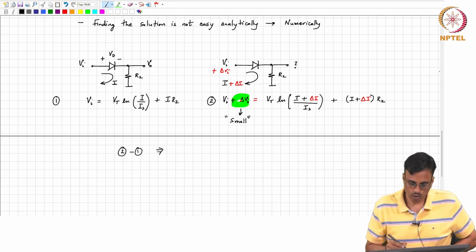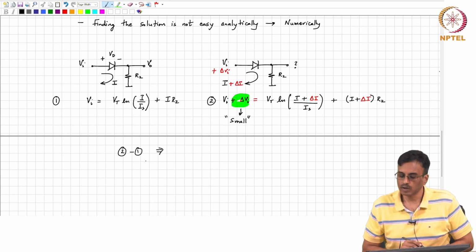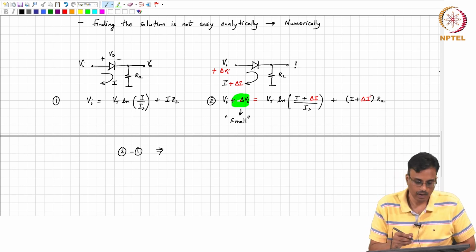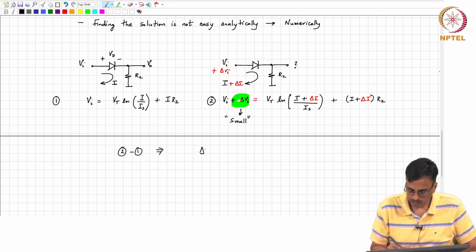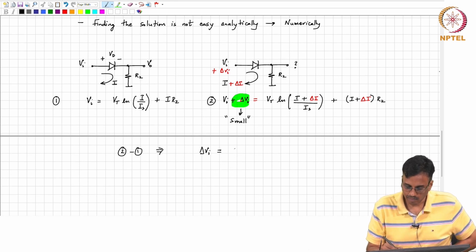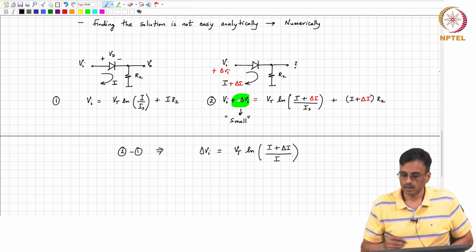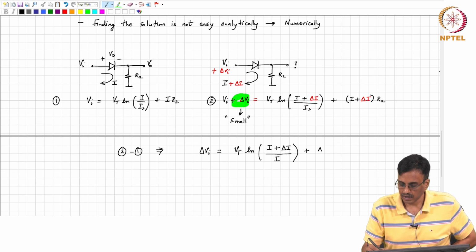So what does the difference between the two yield? On the left hand side you have delta Vi, and this is nothing but Vt ln((I plus delta I) over I) plus delta I times R2.